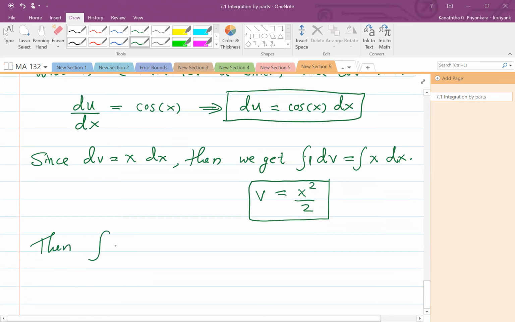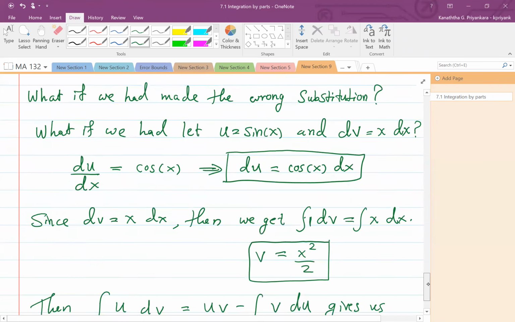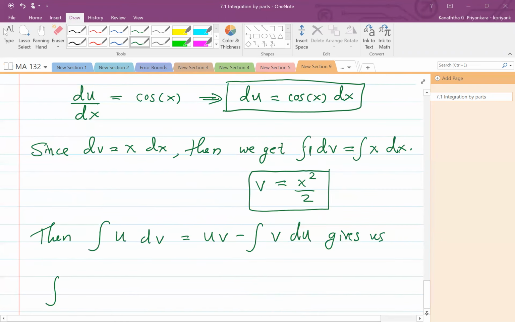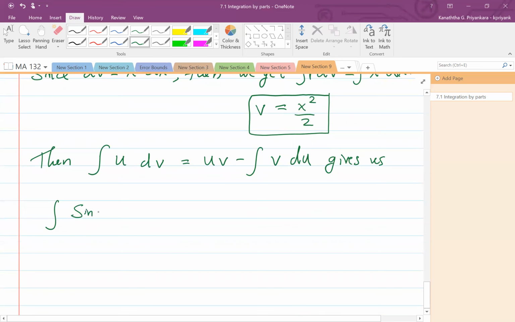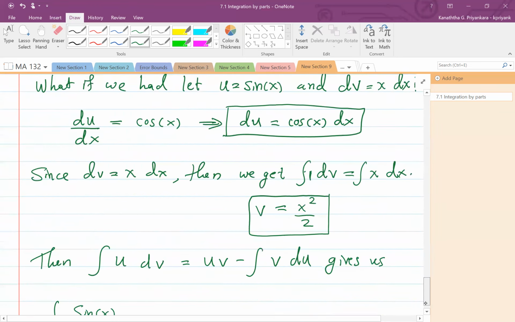So then we have the integral of u dv equals uv minus the integral of v du. So I'm going to substitute u, which is sine x, and dv, that is x dx.